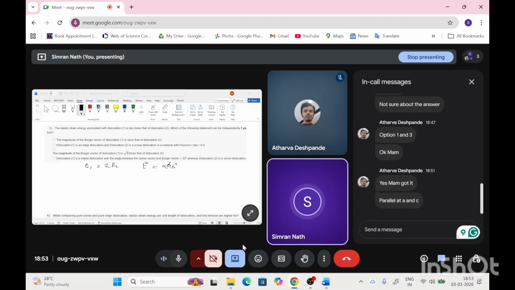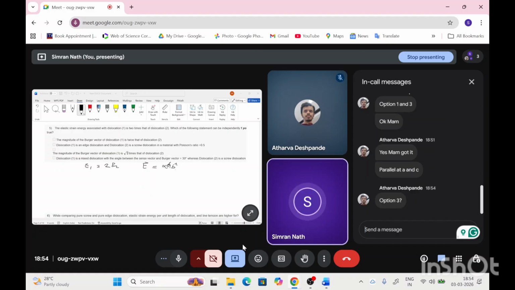So can you tell which option is correct? Option 3, yes.